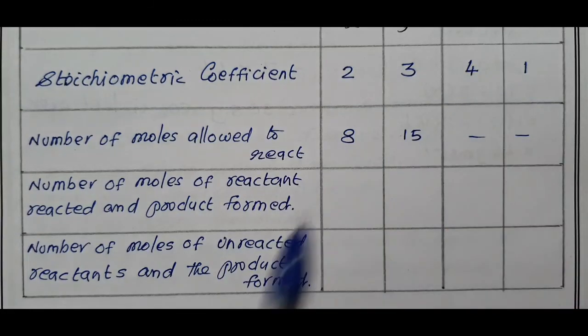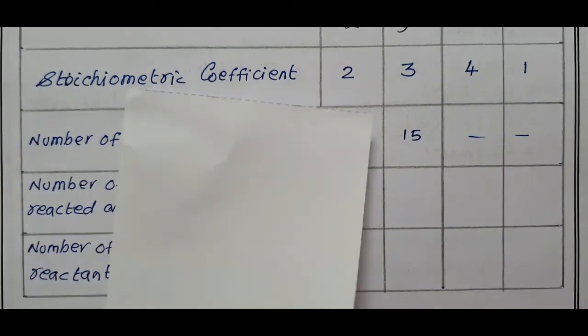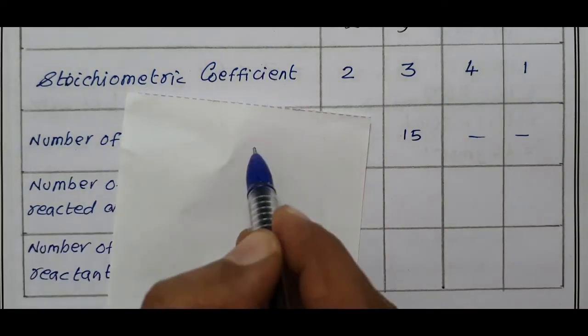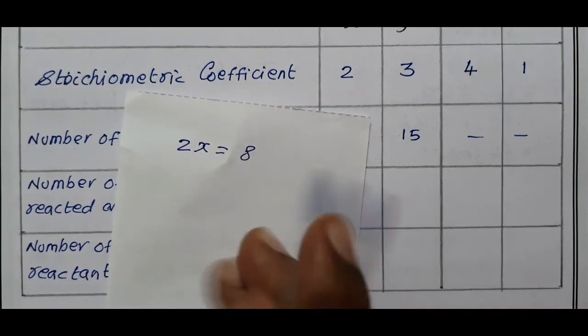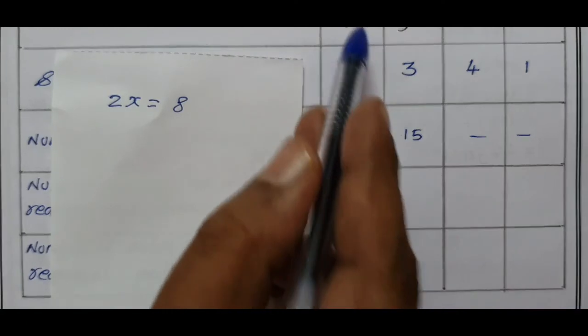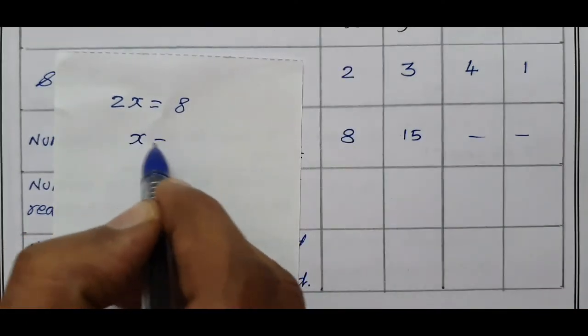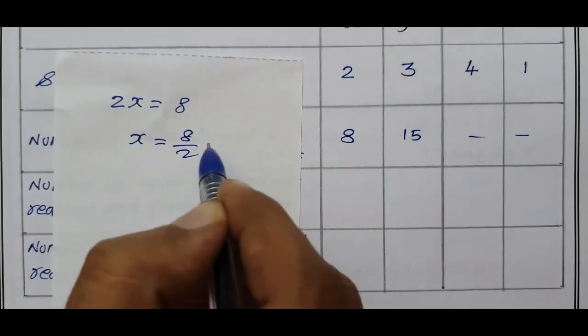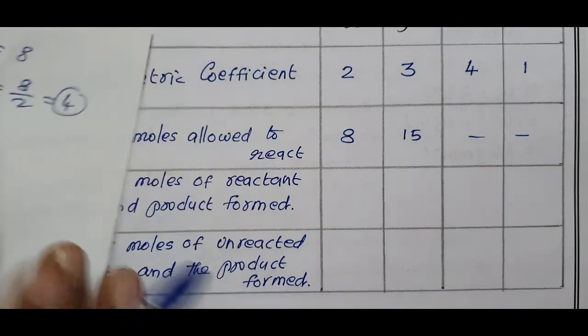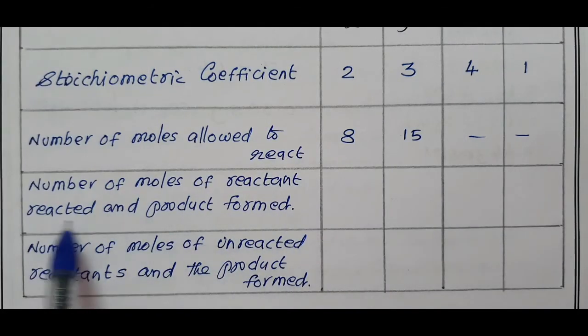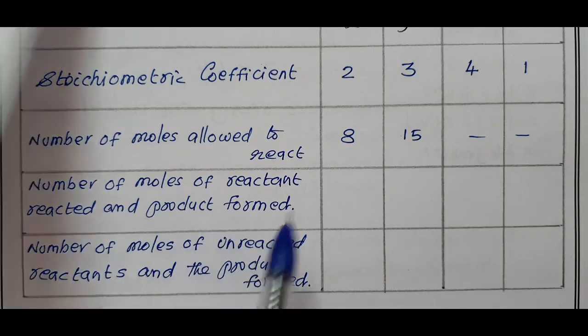How many moles of X is given? 8 moles of X is given. So, 2X equal to 8 moles, 1X equal to 8 by 2 equal to 4. From this, we can easily calculate the number of moles of reactant reacted and product formed.